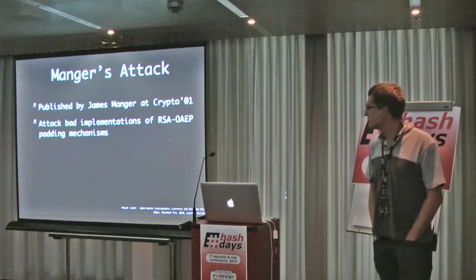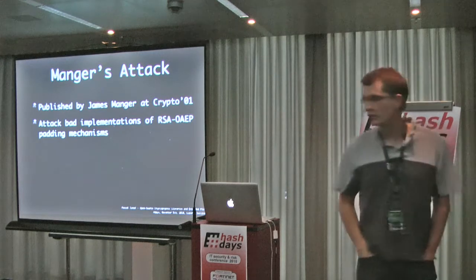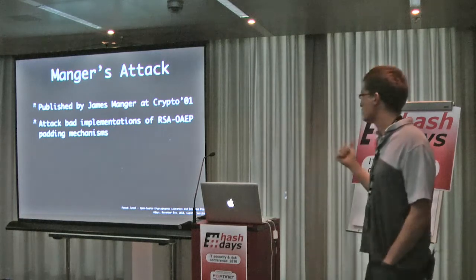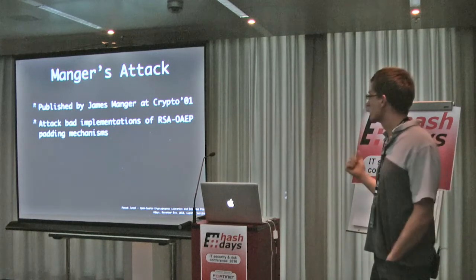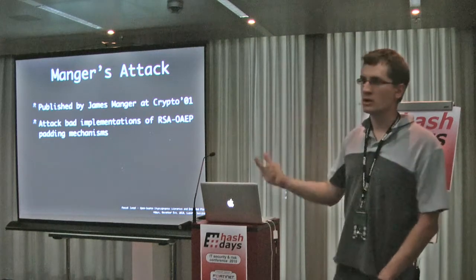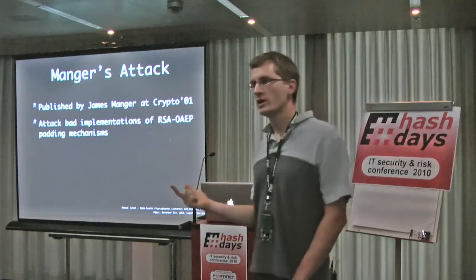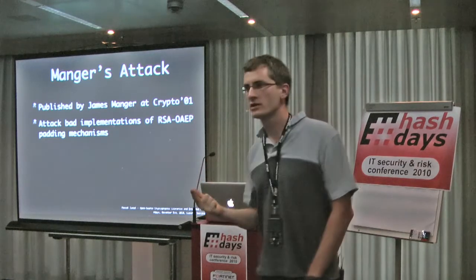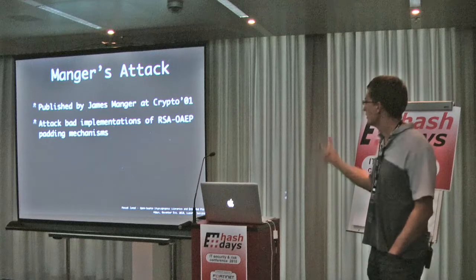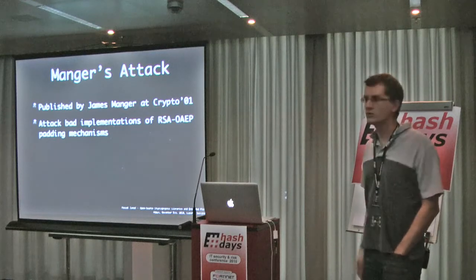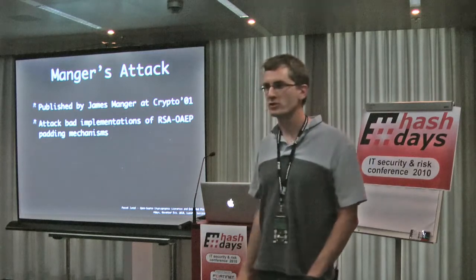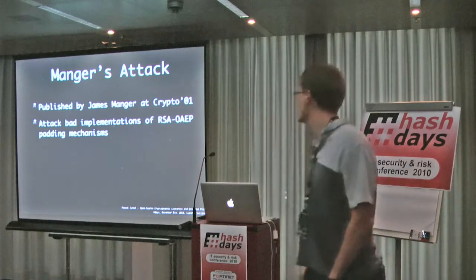And it was very funny because at this conference, in the same session, you had a paper showing that the proof of security of RSA OAEP was broken. You had a paper repairing the broken proof, and so saying that RSA OAEP is secure. And at the same time, you had a third paper, by James Manger, which says, we don't care about security proofs. Basically, if you have a bad implementation of this, then I can break it in milliseconds.